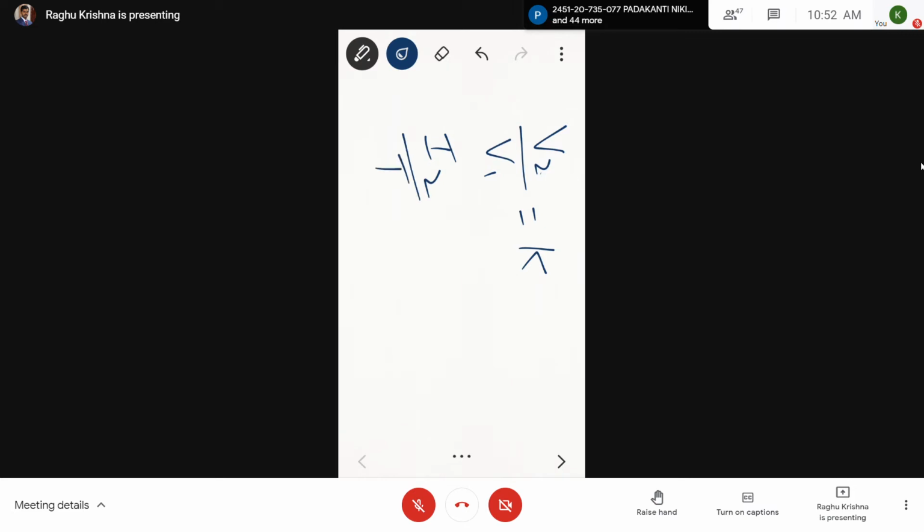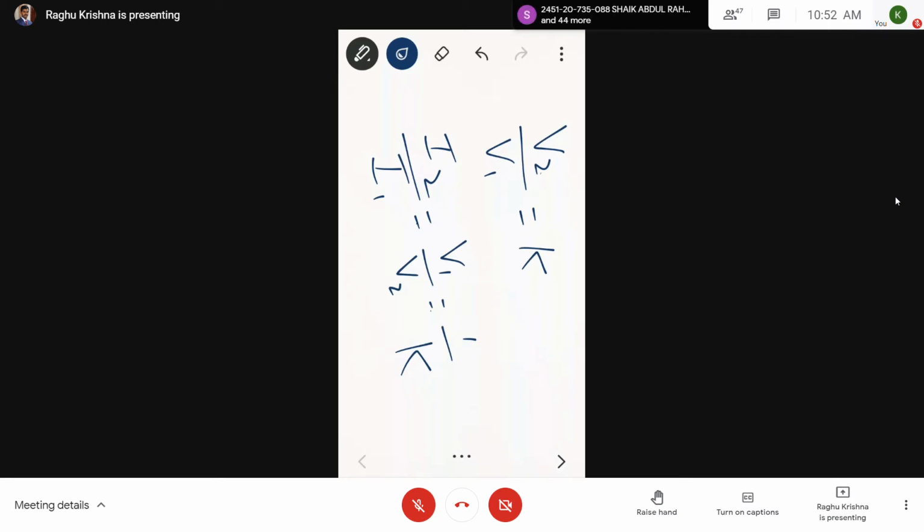I2 by I1 is equal to V1 by V2, which is equal to 1 by K. How did you get I2 by I1 is equal to V1 by V2?